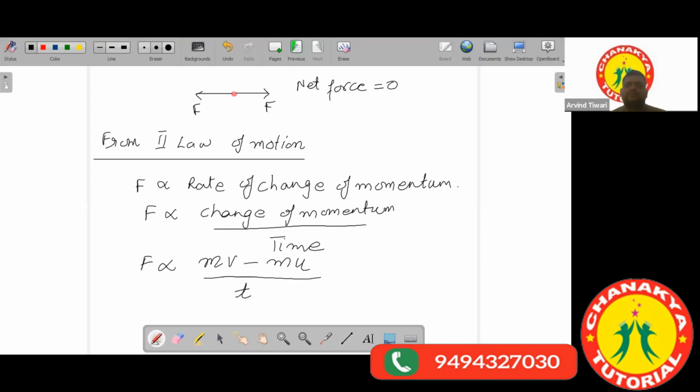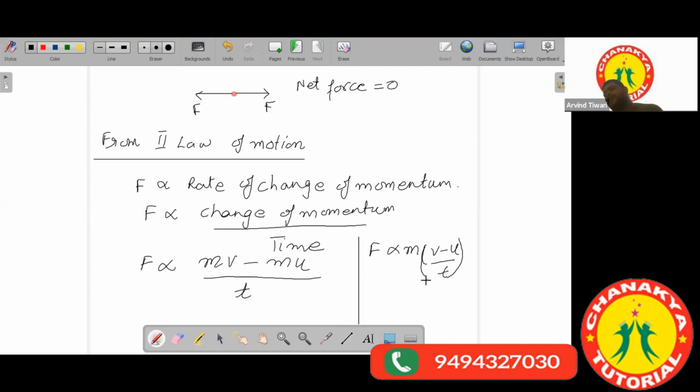Okay. Since mass is constant throughout this relation, we can take out the mass and write F proportional to m multiplied by (v minus u) over t. So what is this v minus u over t?